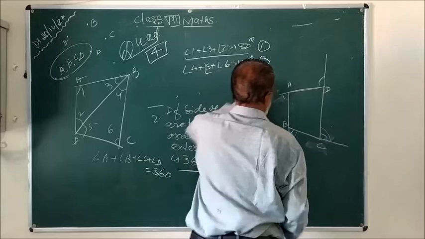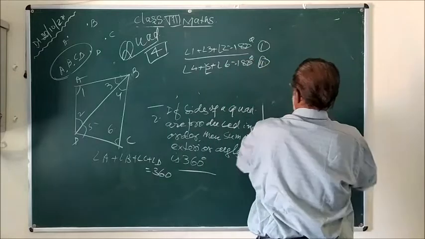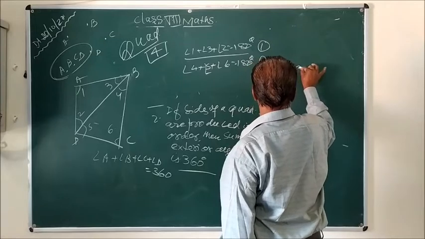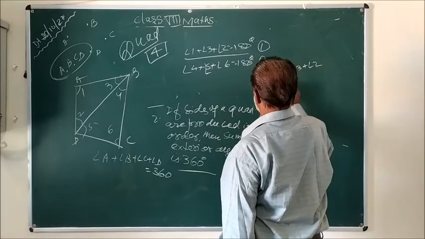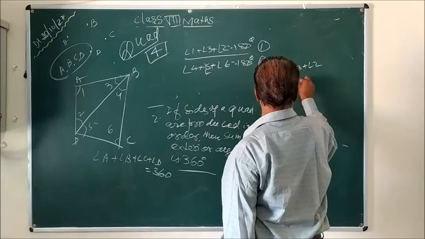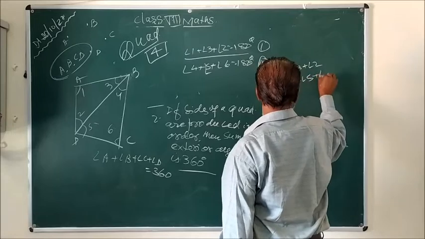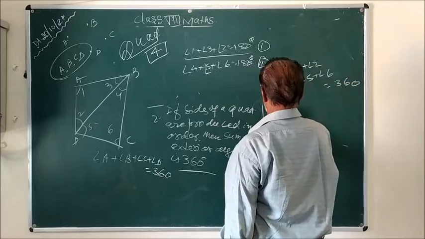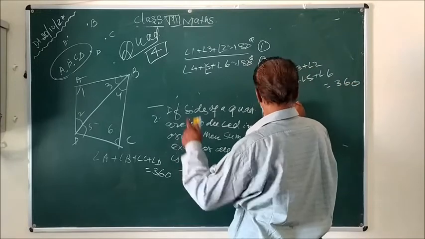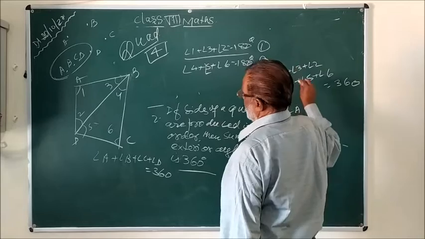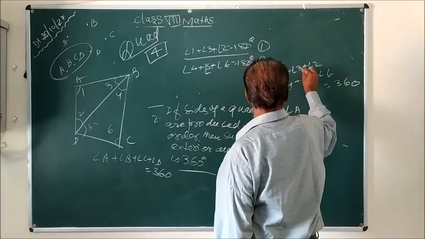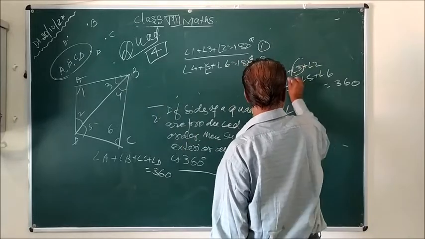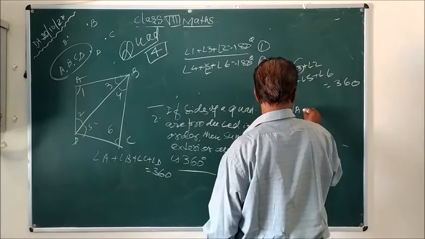Now adding 1 and 2: angle 1 plus angle 3 plus angle 2, plus angle 4, angle 5, angle 6 is equal to 180 plus 180, which is 360. Angle 1 we write as angle A, and angle 3 plus angle 4 we put together, so what will 3 plus 4 come to?